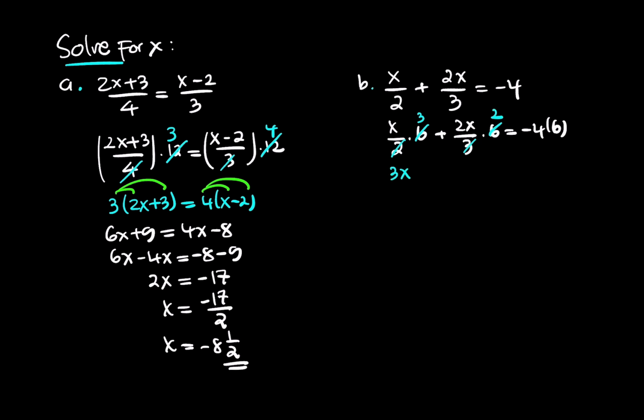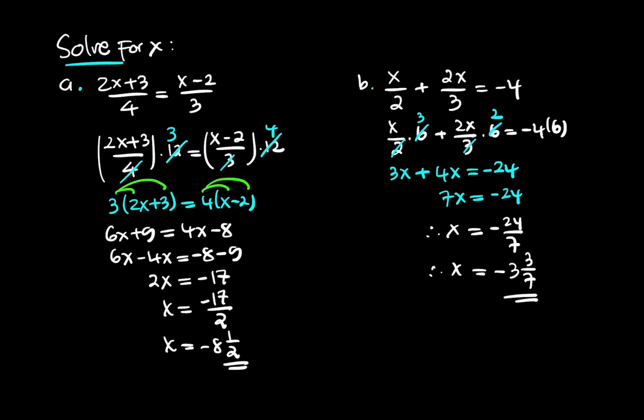Now 3x + 4x - 24. So this is 7x = -24. So then we can find that x = -24/7, or x = -3 3/7.